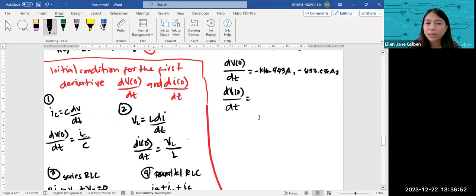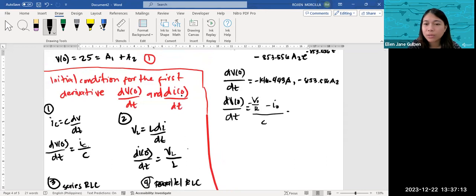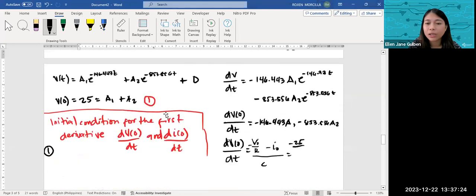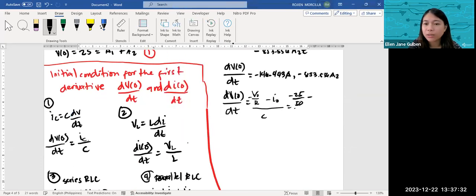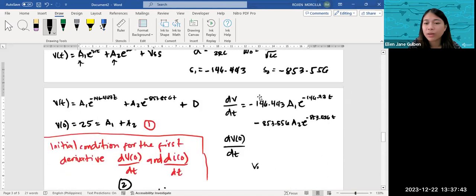So we have VO over R, that's the initial condition of our capacitor, negative minus IO over C. Okay, so substituting, R is 50, minus we have IO and C, 20 microfarad and negative 0.5 amperes.